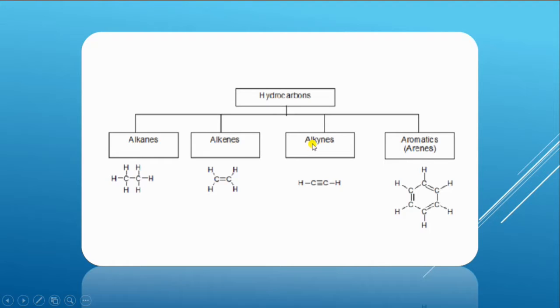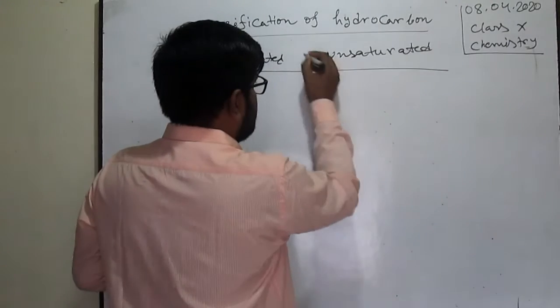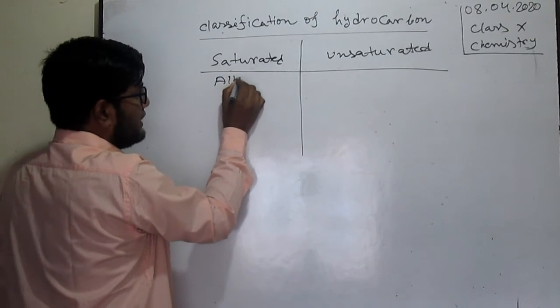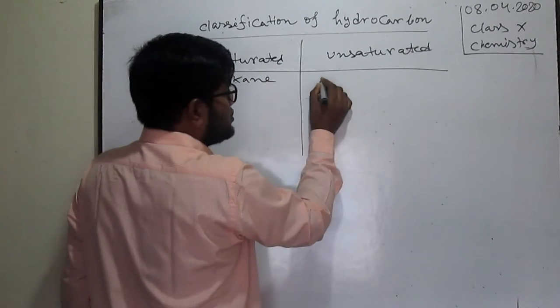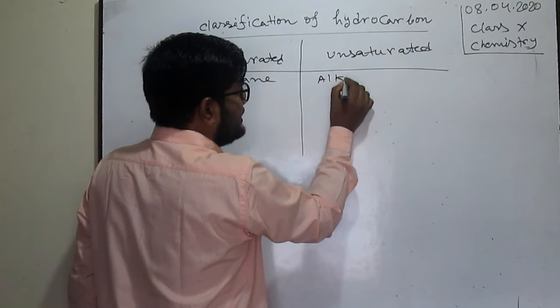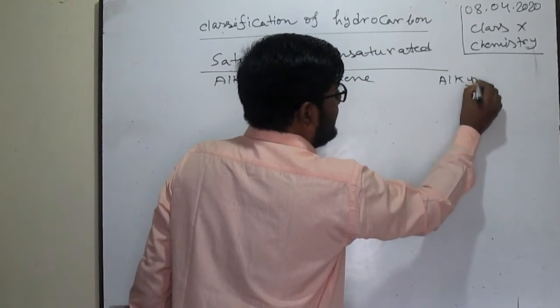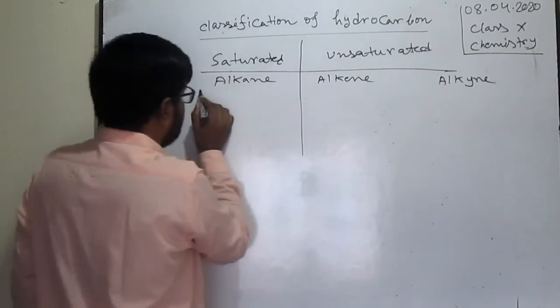Saturated means alkane, unsaturated means alkene and alkyne, spelled A-L-K-Y-N-E.